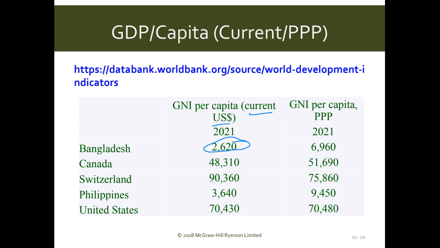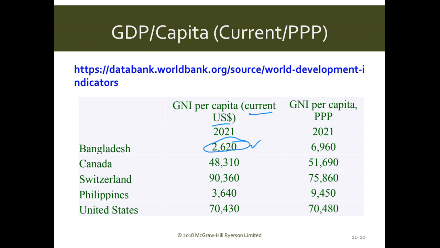That is, we have used the official exchange rate to convert Bangladesh's currency into US dollars. So I get 2,622 US dollars per person per year in Bangladesh.